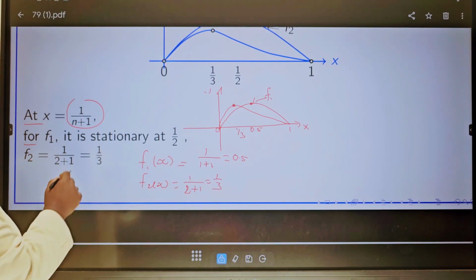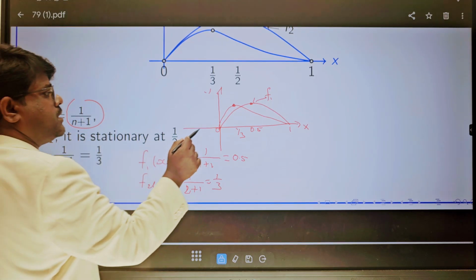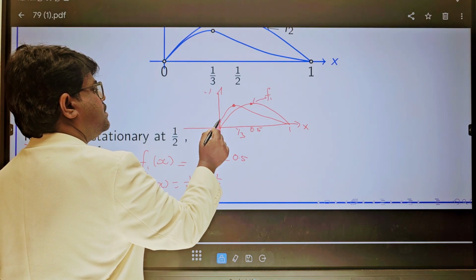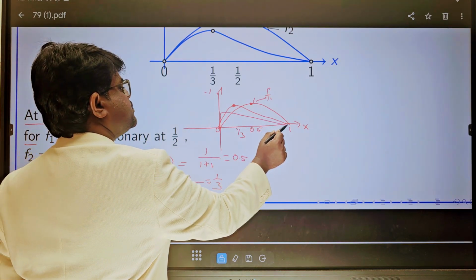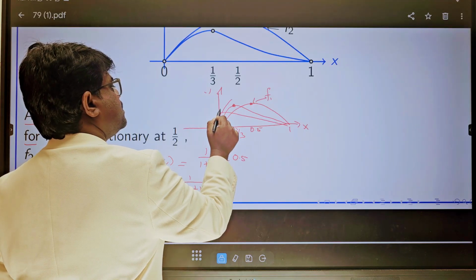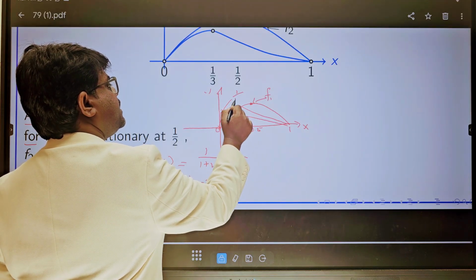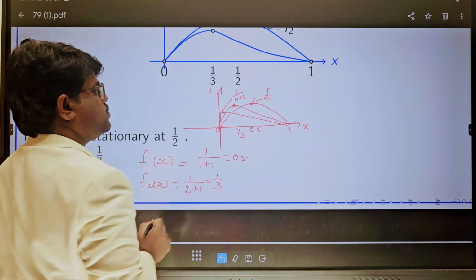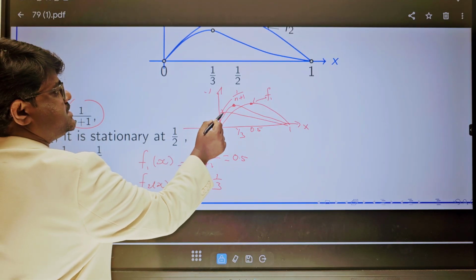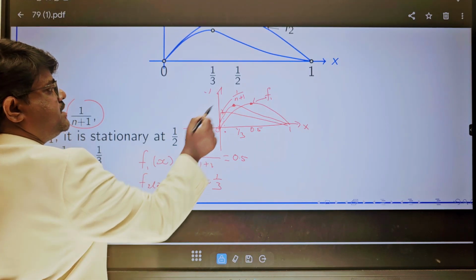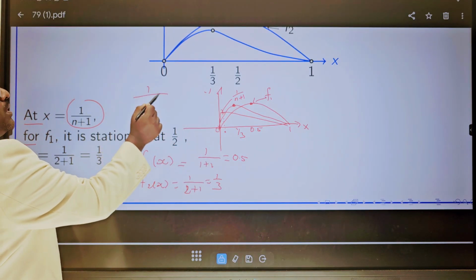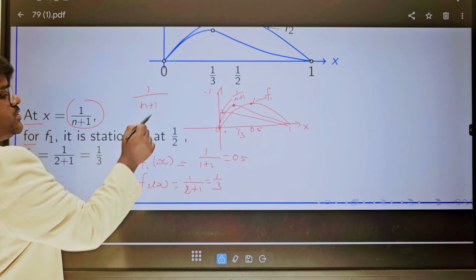Now general, that is 1 divided by n plus 1. Consider this point as 1 divided by n plus 1. This is the stationary point. This we have got in general as 1 divided by n plus 1.